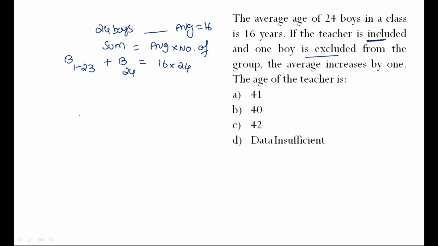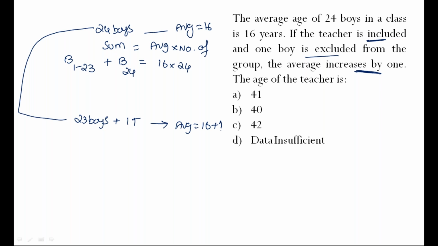Now, what is the next one? Among these 24 boys, one guy is excluded. Now 23 boys. Now one teacher is included. Okay, this is the scenario. Now what happened? The average increases by 1. Now average is equal to 16 plus 1, 17. Now again you have to apply sum equals average into number of people. You people get bored by now.